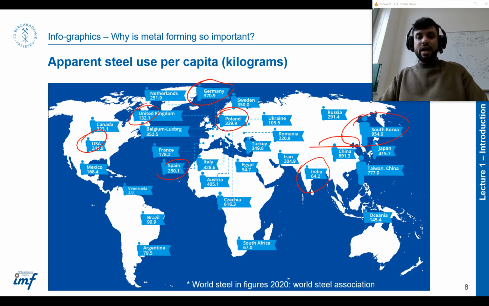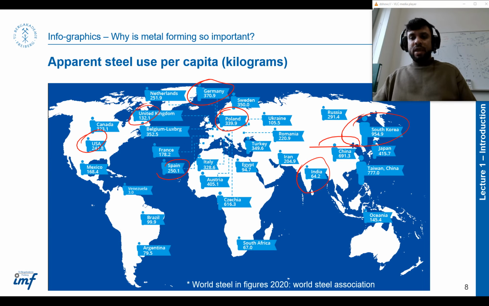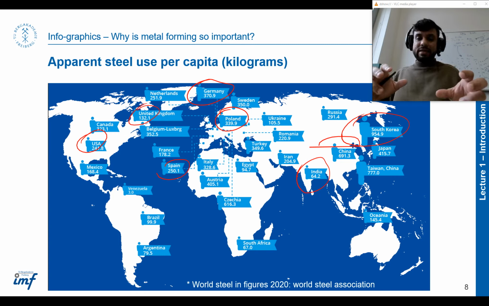Sweden has high, and usually this high demand of steel use per capita is associated with steel being consumed for the production of high quality goods. And when we associate these figures with the automobile industry or the aircraft industry, we see a direct correlation. A lot of industries related to automobile and aerospace are present in these countries, so they are consuming a lot of steel, and the steel demand is going higher.